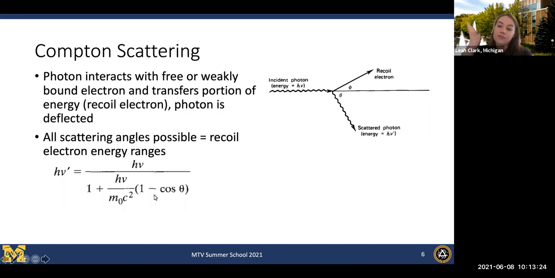From here, we know that the recoil electron energy plus the scattered photon energy is equal to the incident photon energy. So if we have these values, we are able to calculate the energy of our recoil electron.